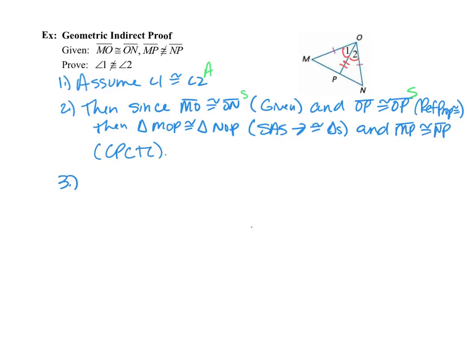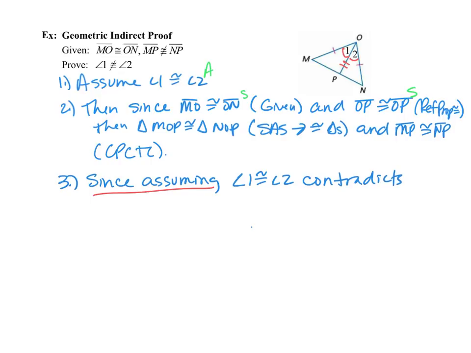We can say that since assuming that angle 1 is congruent to angle 2 contradicts the fact that we were given, that segment MP is not congruent to NP.